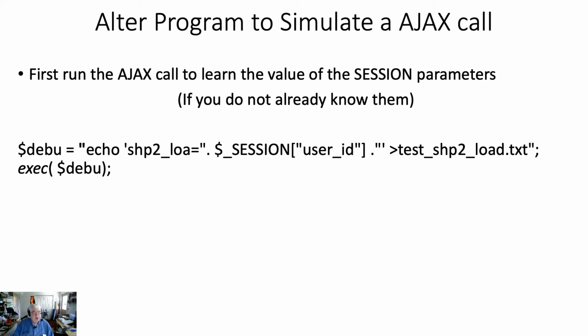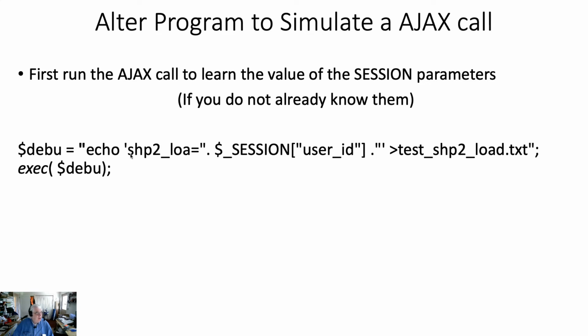And since I wrote the code, I know that the only session variable I really care about is the user ID. So I put this code in the PHP that AJAX is calling. We're basically creating a DOS command since we're running in Windows, but this would work on Linux also.